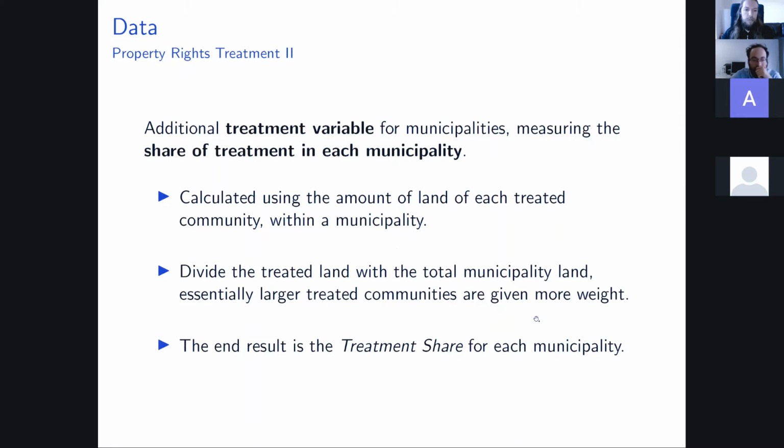So essentially, by dividing the treated land by the total land, you have a measurement of the treatment share within the municipality. Because you may have 3 communities out of 5 that were treated inside the municipality. But in this way, we give those communities which were larger more weight, essentially. So it's a weighted approach to the treatment share that each municipality had. And you will see why we use this.